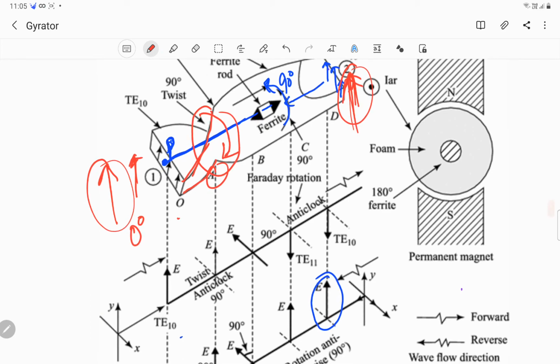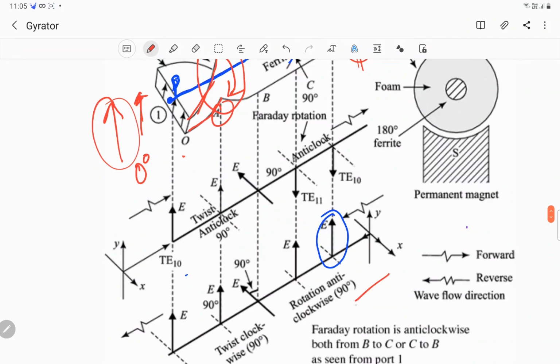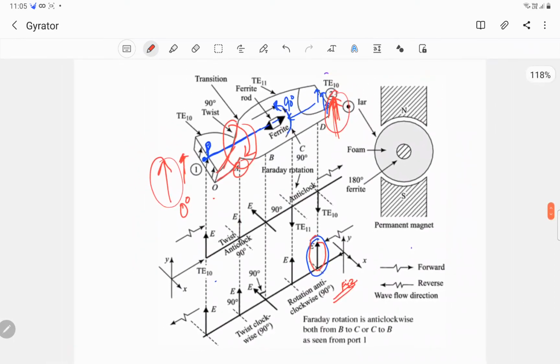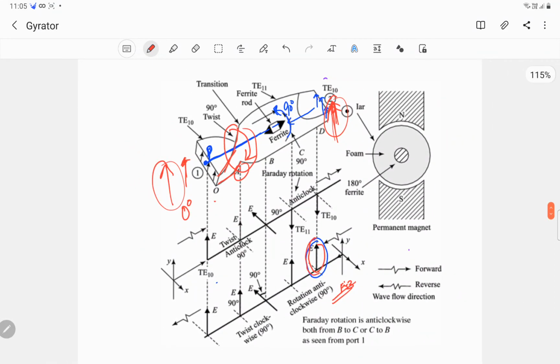This can also be understood from this figure, say figure 3. So we have a wave which is polarized vertically upwards. It reaches the ferrite, and after it comes out from the ferrite, we have the electric field vector tilted by 90 degrees.